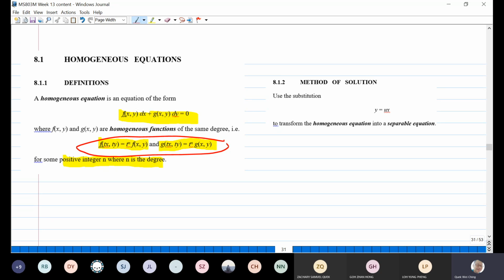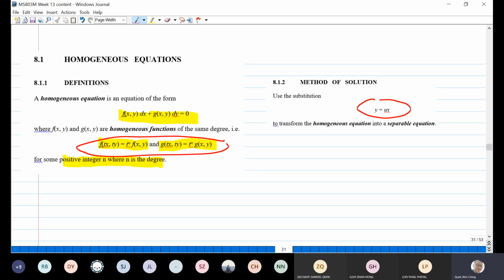Whenever you have a homogeneous differential equation, there's only one method. Let y equal u times x. Then you replace all the y.